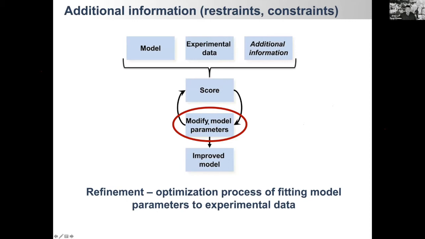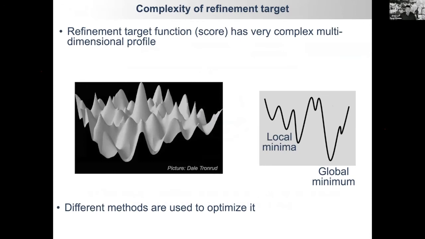So what is the modify model parameters stage in this process of refinement? Well, basically, the refinement target function that I just mentioned to you is very complex and has a multi-dimensional profile, with a lot of peaks and dips, and a lot of local minima.